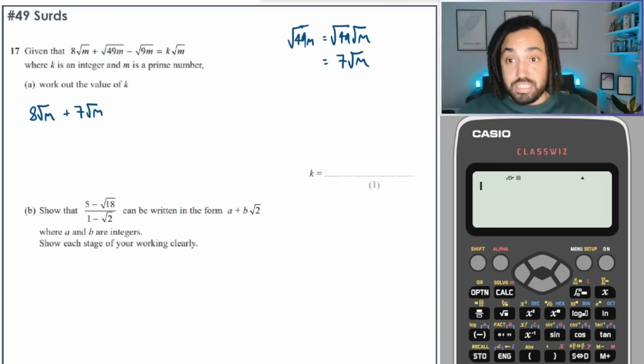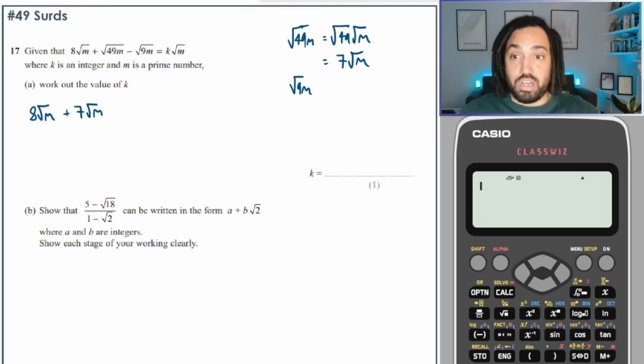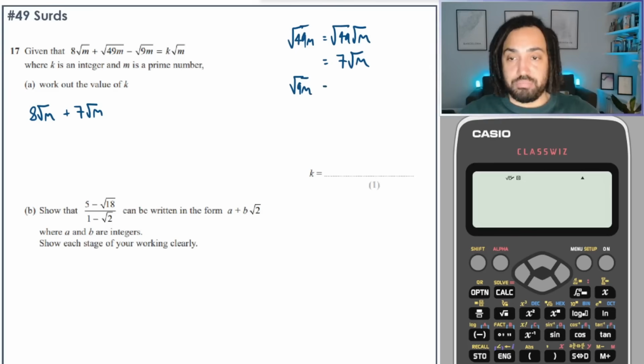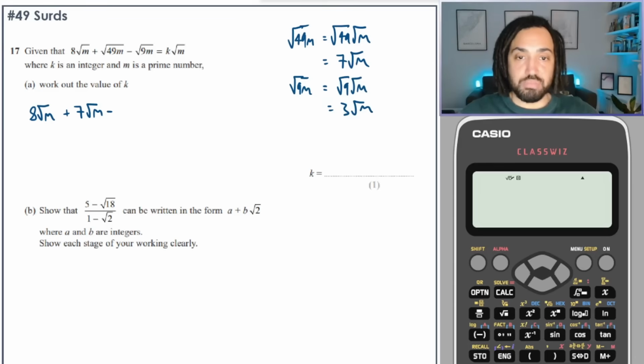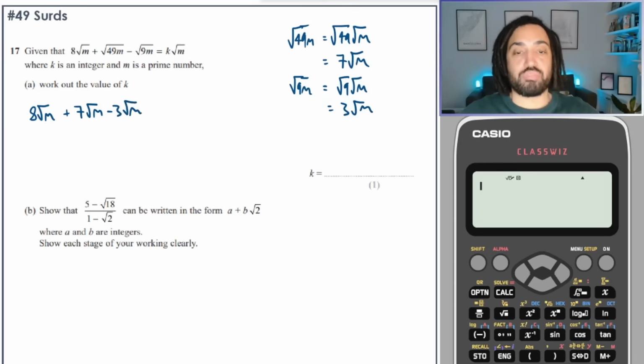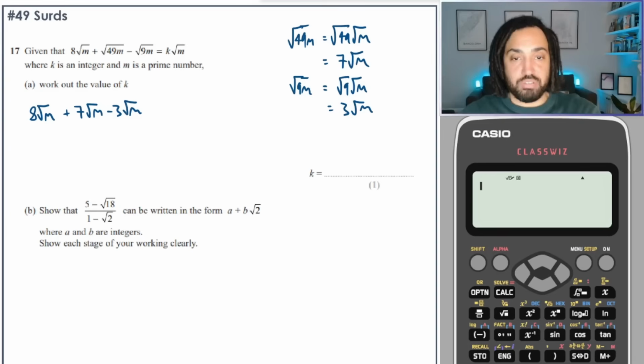And again, in a similar fashion, root 9m is equal to root 9 times root m, which is equal to 3 root m. So that's minus 3 root m. So we've got 8 plus 7 minus 3, which is 12. So this is equal to 12 root m. So k is 12.